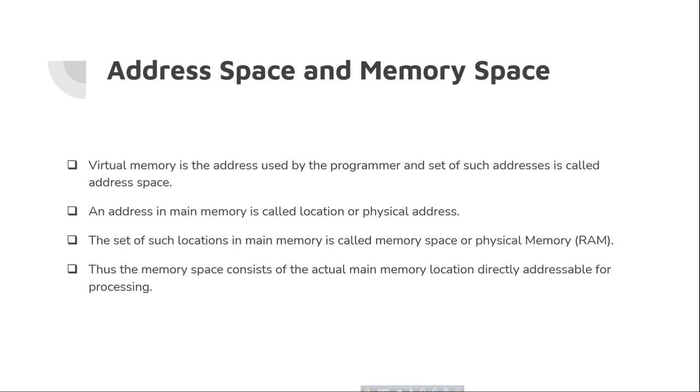The set of such locations in main memory is called memory space, or we can say it is physical memory, our RAM, random access memory, main memory. Thus the memory space consists of the actual main memory locations directly addressable for processing.